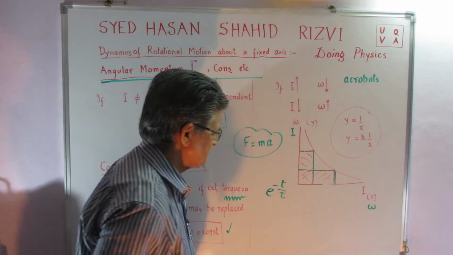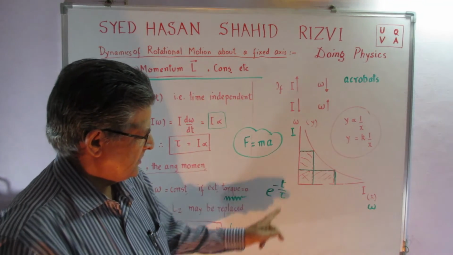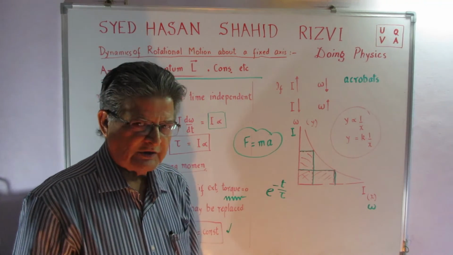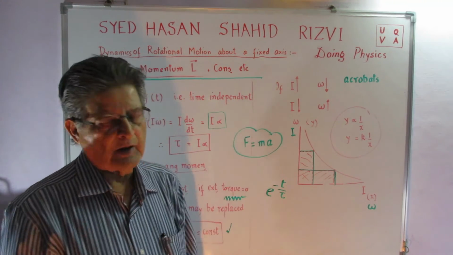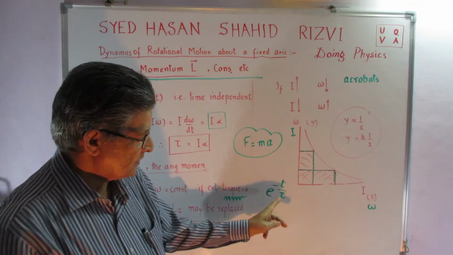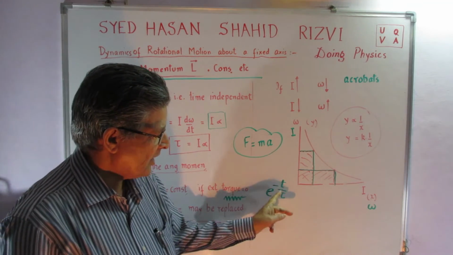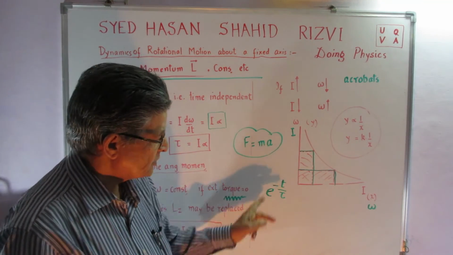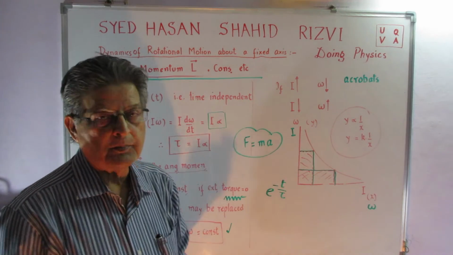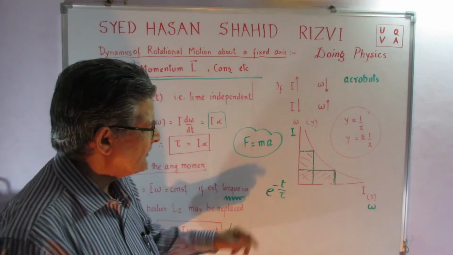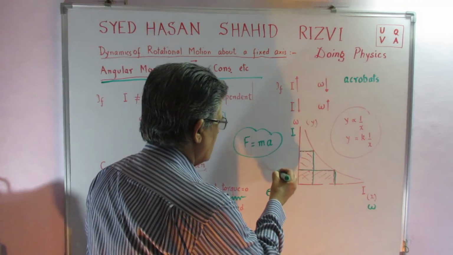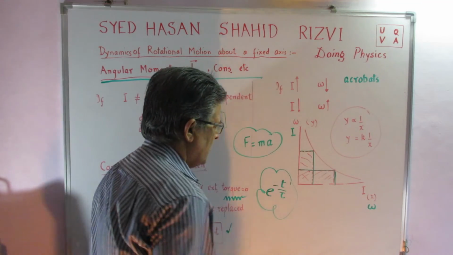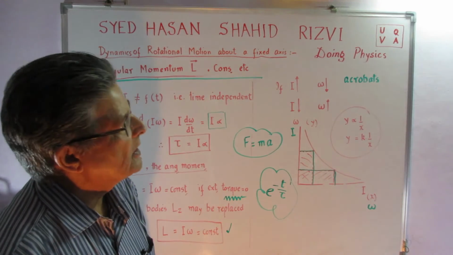The only thing we need to understand is that t has the dimension of time. So this tau here also has the dimensions of time, so that the power of e is a pure number. And e itself is a pure number. We will have occasion to describe this Euler's number later on.